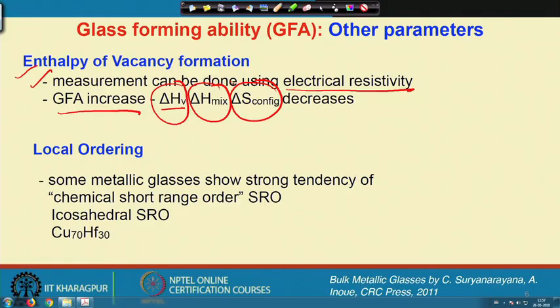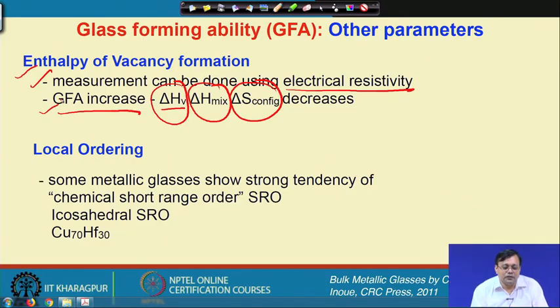Okay. So, definitely the stability of the glass will increase and also the glass forming ability will increase. What I want to say is that if you introduce a defect, okay, the vacancy is a defect, then definitely we will get a different configuration, and by using that configuration we can decrease this value.